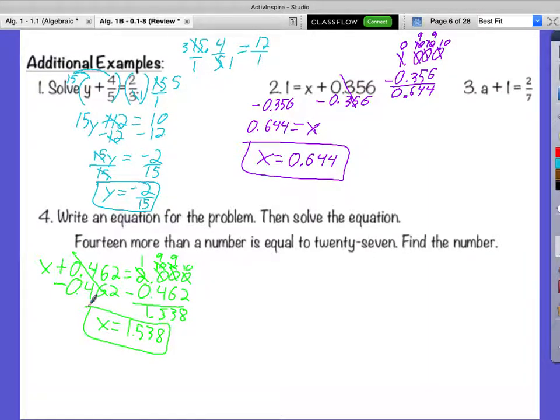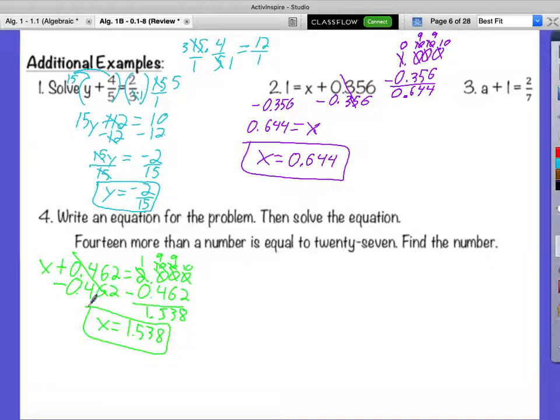Can we subtract these right away? What do we need in order to subtract fractions? A common denominator. So what might the denominator be? 7. So how could we make the bottom 7? Because they're over 1 right now.